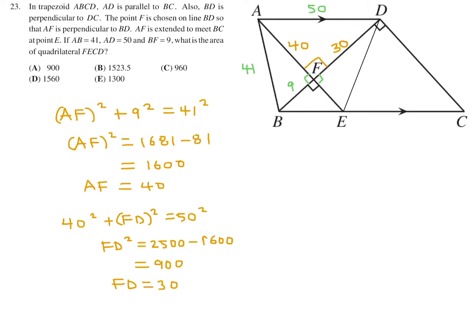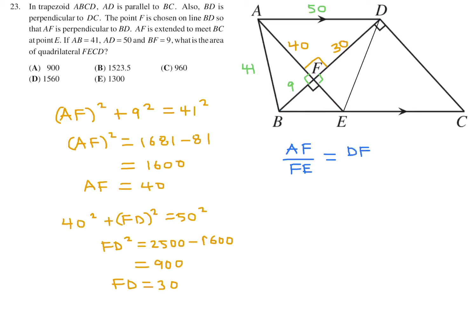So the diagonals I'm referring to are A to E and B to D. The relationship is that AF over FE is equal to DF over FB, like that.